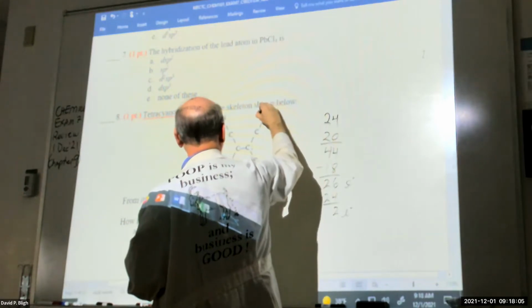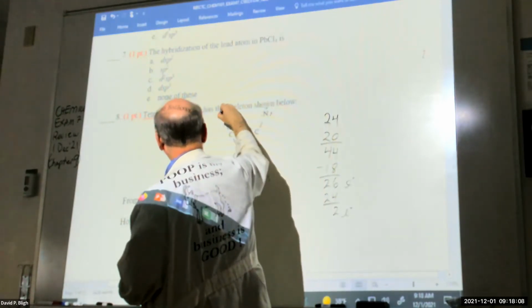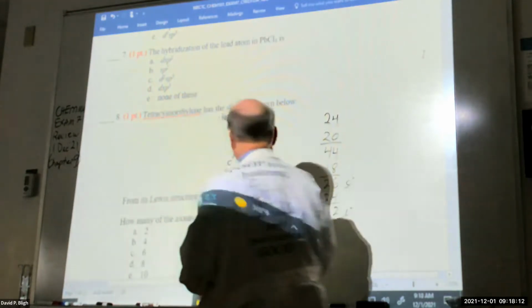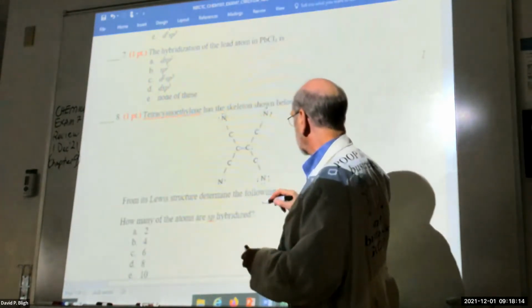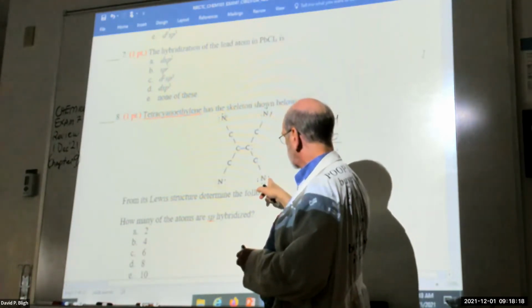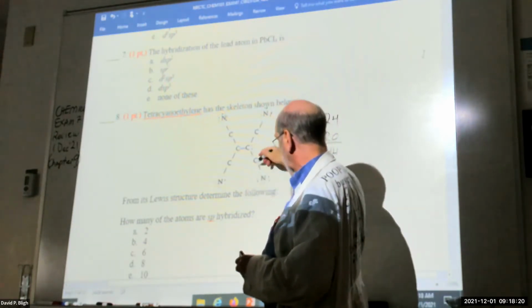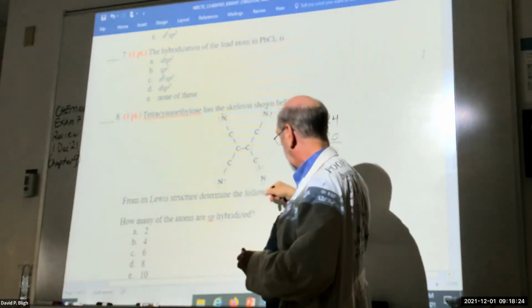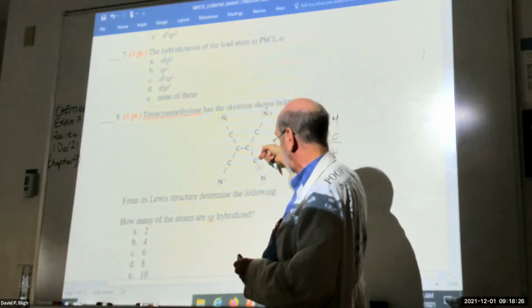Now that we've got all our electrons placed, here, here, here, here. Now in order to make an octet, we could move a pair here and a pair here and make a triple bond, like that. That would satisfy the octet here and there.